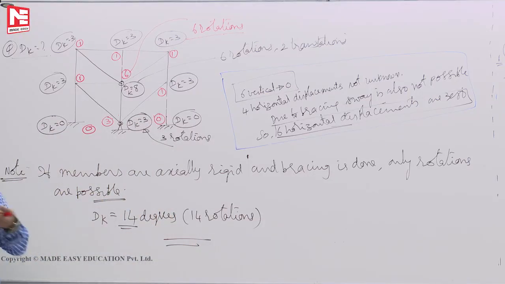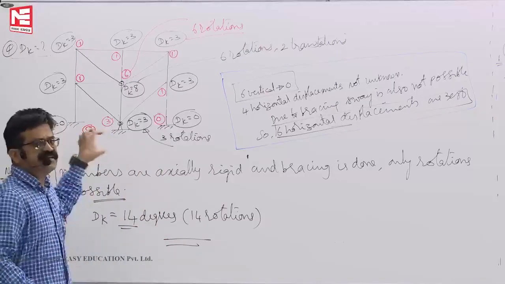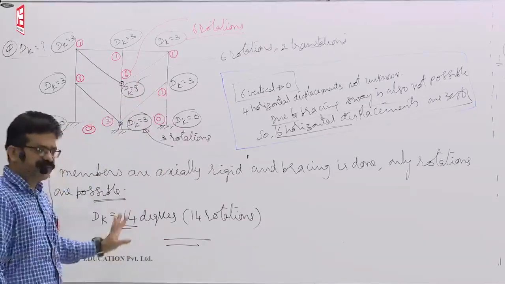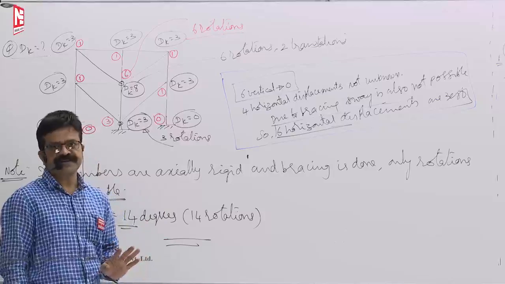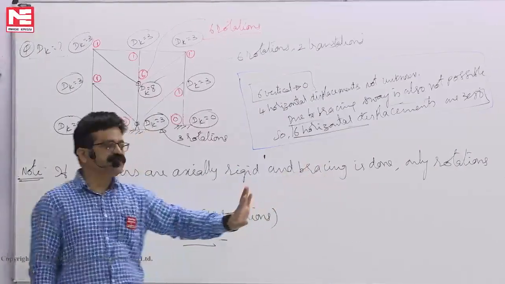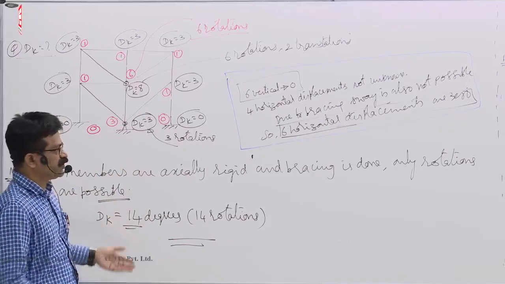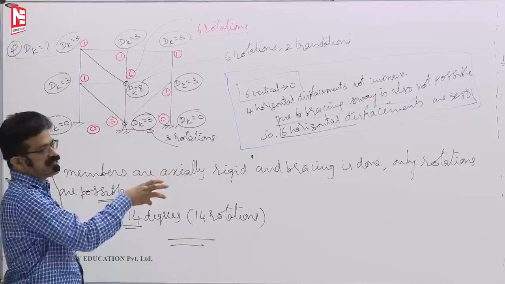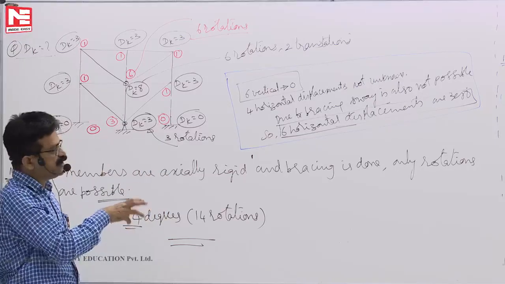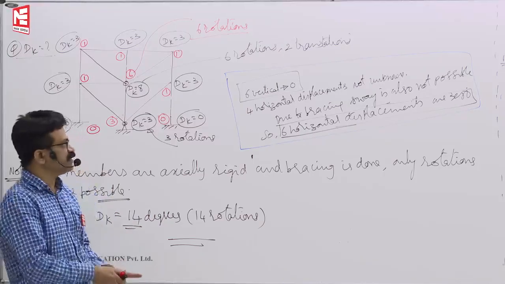If you remember this point, axially rigid, bracing is done in each floor, then put only rotations, you count it, make it either this way or that way. It will give you that count. Here rotations we have to count. There in the extensible case you have to calculate 26 and subtract how many axially rigid members are there.